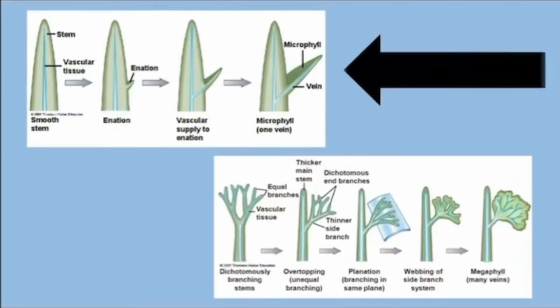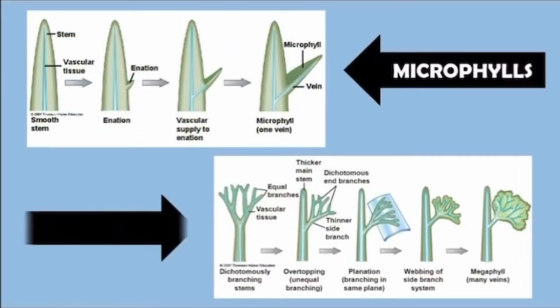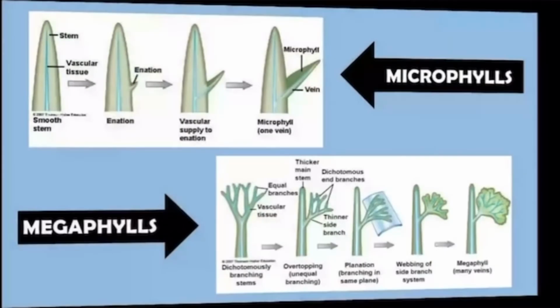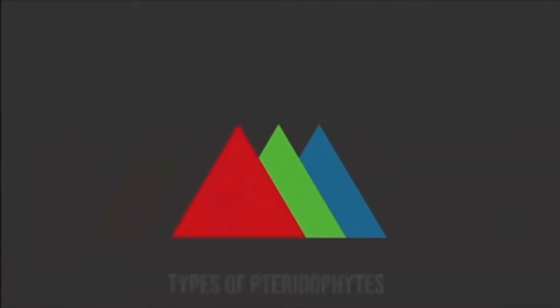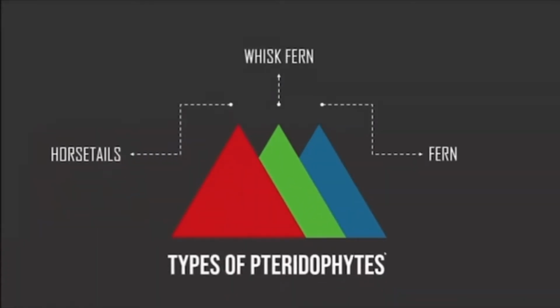And then we move on to the next slides. So this is the structure of microphylls and the structure of megaphylls. For microphylls, this is the vein, and the next slide is the types of pteridophytes.